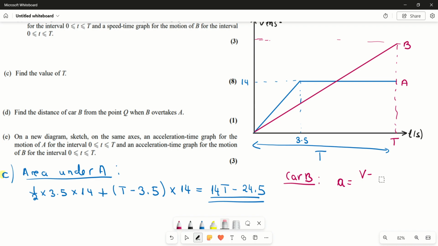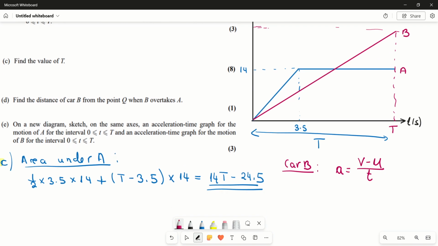The time is t, so I have final velocity minus initial velocity, which is 0, over t seconds, and acceleration, as I know, is equal to 3. So therefore our velocity must be 3t in this case.